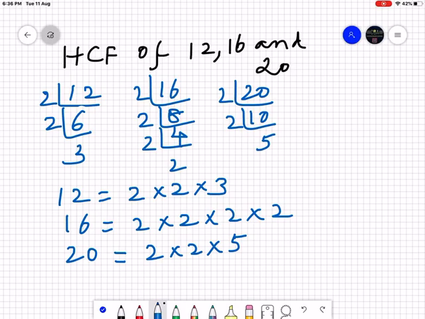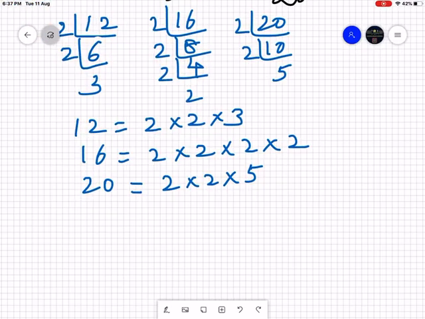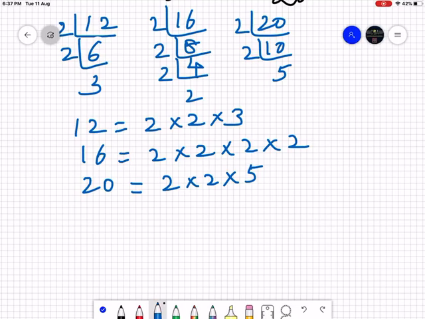Now we are going to find the HCF, the highest common factor, between 12, 16 and 20. For finding the HCF, what we need to do is to find the common factors.